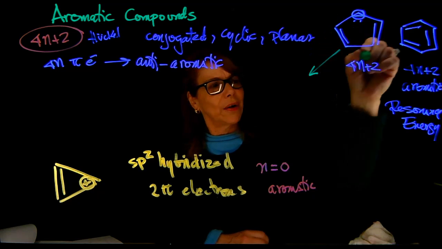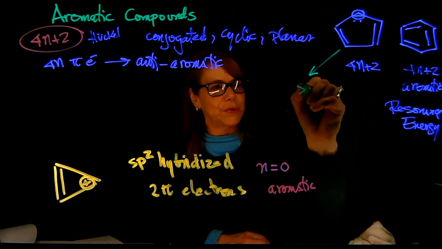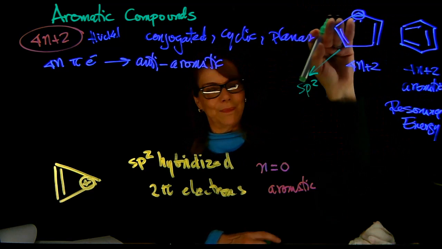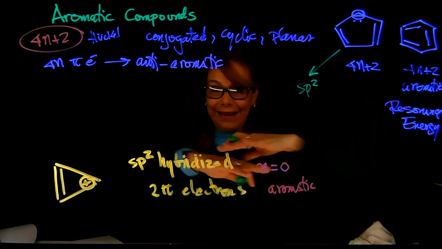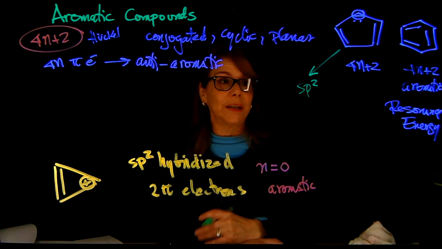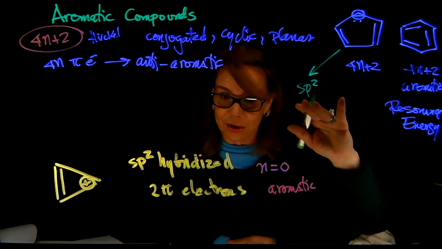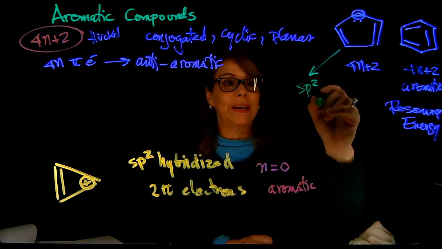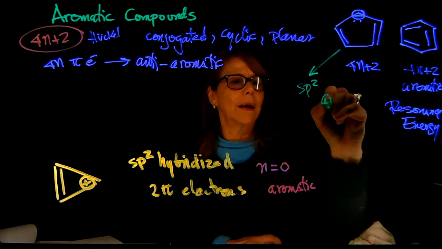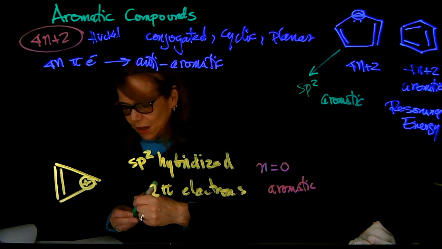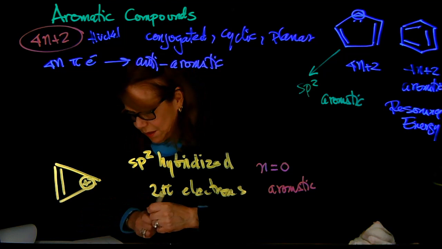All of the carbon atoms here are sp2 hybridized, meaning you have continuous p orbitals that can overlap. So it is fully conjugated, it is cyclic, all of the pi electrons are in a cyclic structure, and it is planar, so it is aromatic, same as benzene.